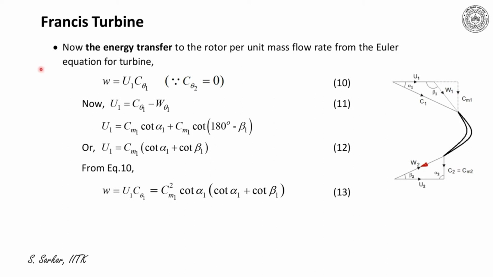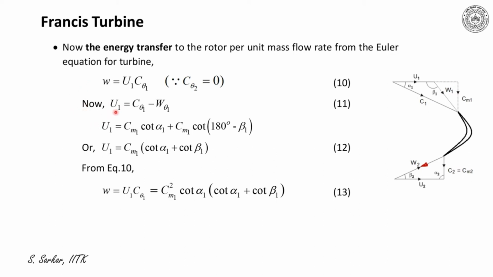Now, the energy transfer to the rotor per unit mass flow rate can be obtained from the Euler equation for turbine as small w is equal to U1 into C theta 1, since C theta 2 is equal to 0 here.